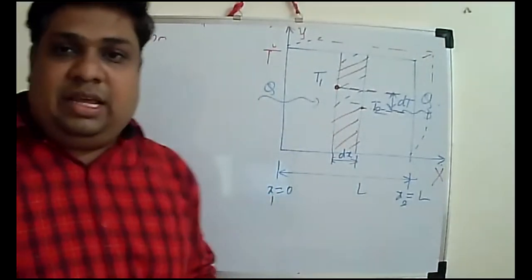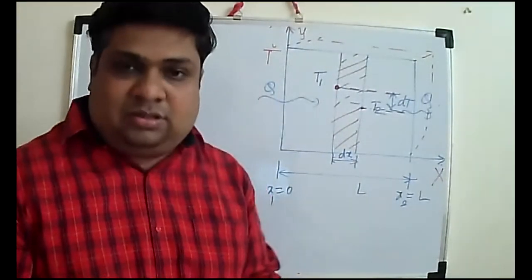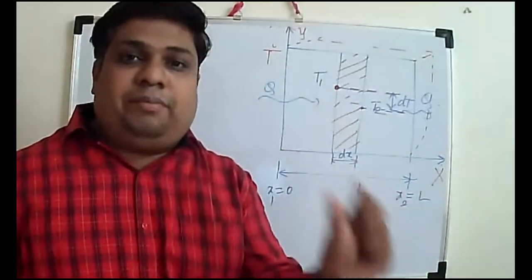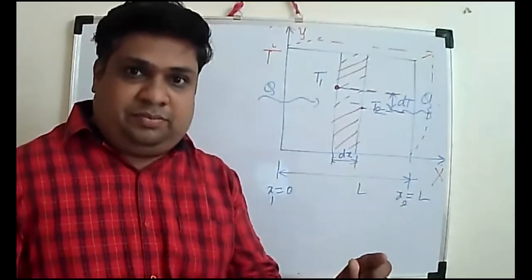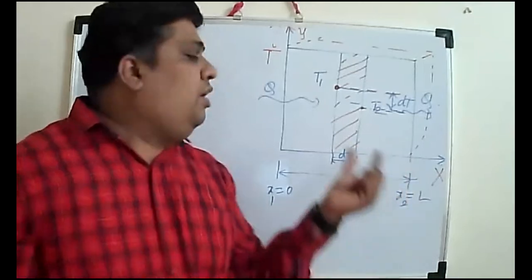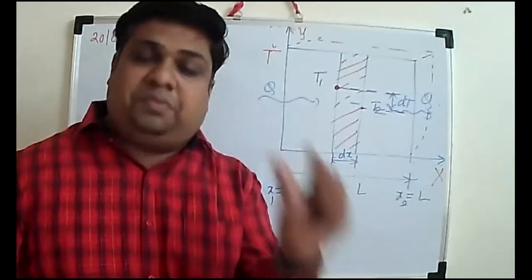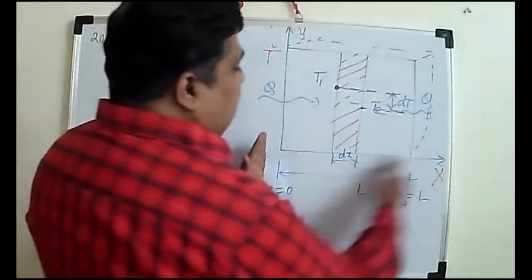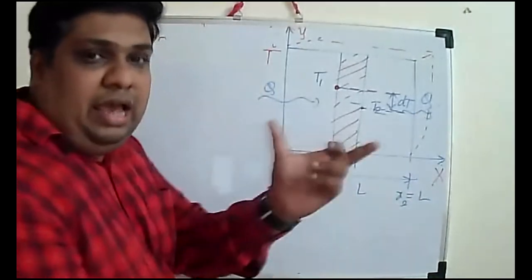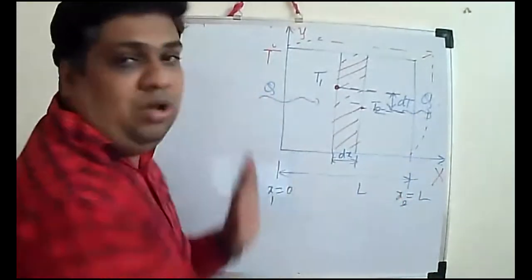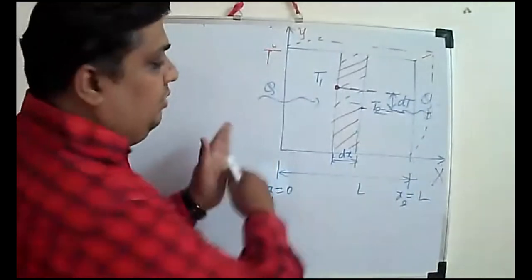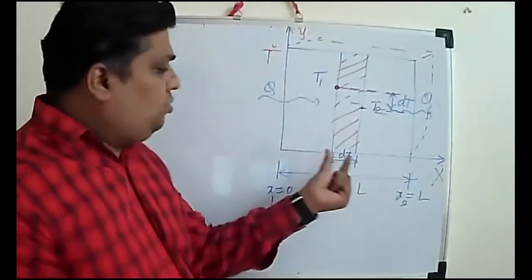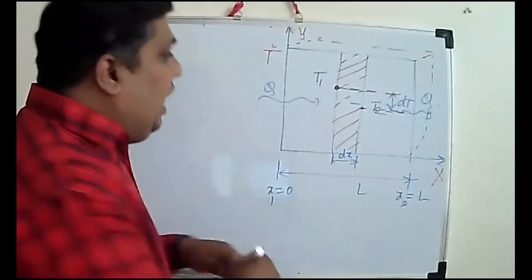But in engineering, it is general practice to take a small element of the system. So we are going to select a very small element of the system, that is dx. If we say here x is equal to L, L is the thickness of the wall, then from it we take a very small portion dx.